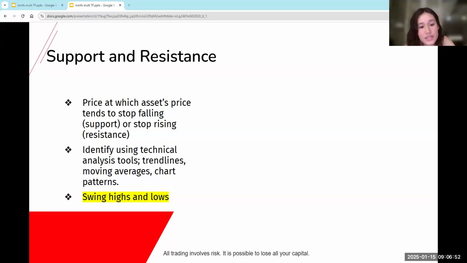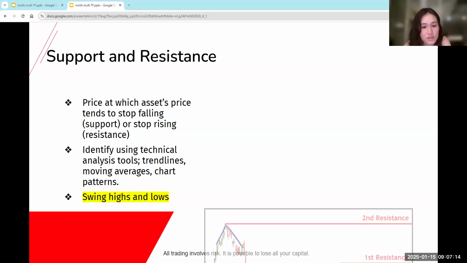So to identify these levels, we use technical analysis tools like trend lines, moving averages, and chart patterns. Another way to identify these levels is by looking at some swing lows and swing highs of the asset, as well as maybe volume data to identify potential levels of support and resistance.